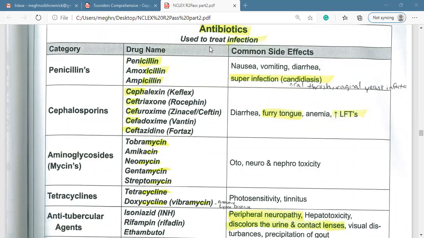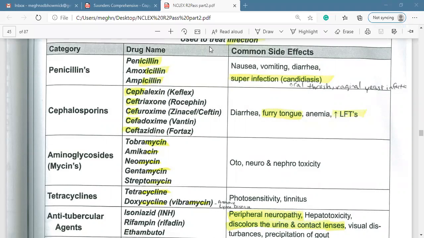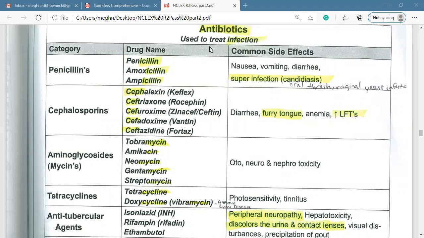It breaks down or weakens the bacterial cell wall, causing cell death, and the bacteria die.